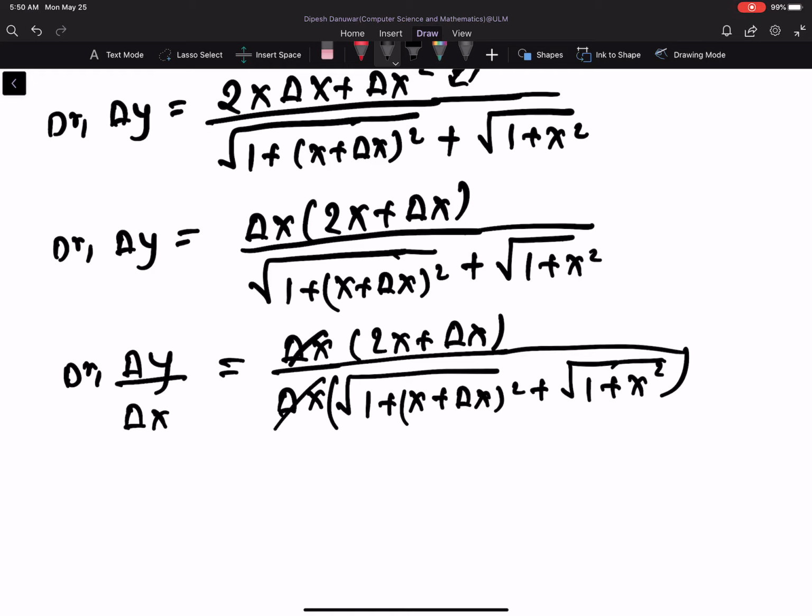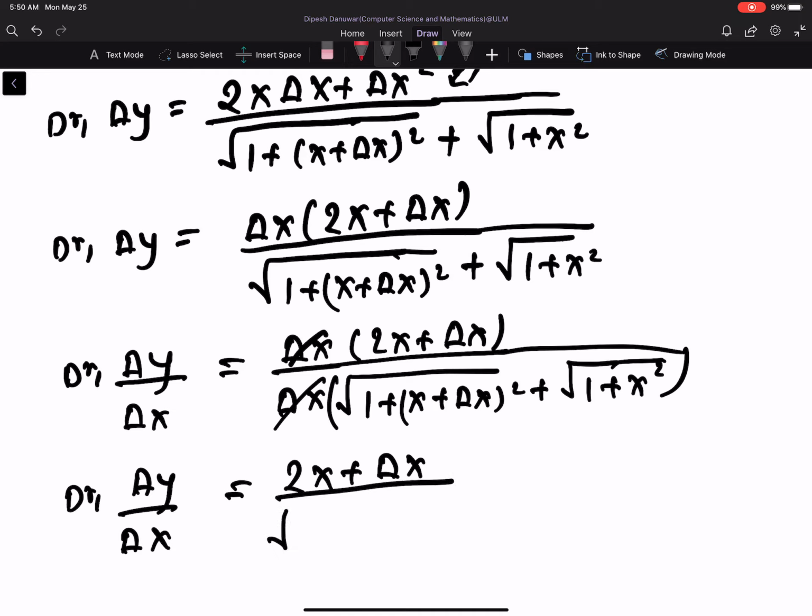Now delta x cancels, so delta y by delta x is equal to (2x plus delta x) by root under 1 plus (x plus delta x) whole square plus root under 1 plus x square, right?